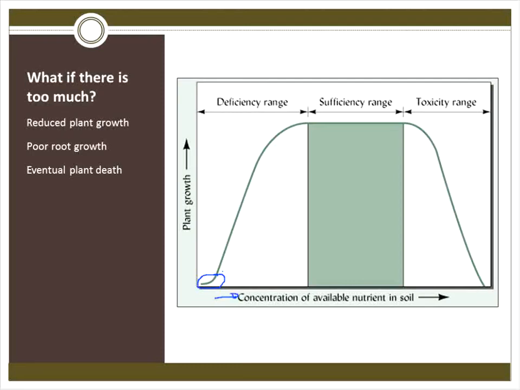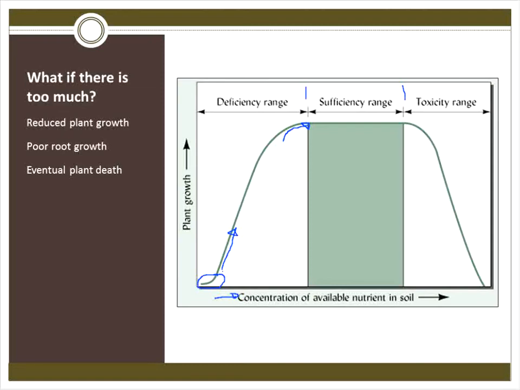We add more nutrients, that plant starts growing, right? Keeps going, and then we reach its maximum growth rate. This is that sufficiency range. This is what we're managing for in the North Carolina Department of Agriculture and Consumer Services Soil Test Index System. We're shooting for this sufficiency range.